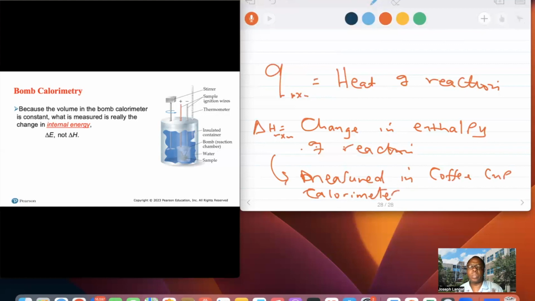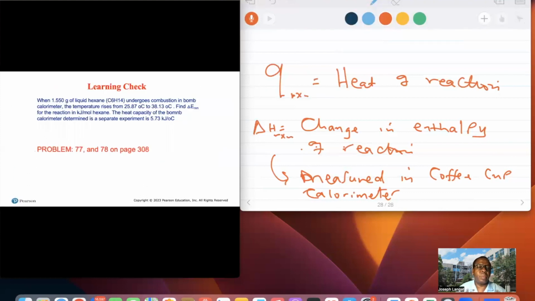This we can use at constant pressure, not constant volume. At constant volume, we measure the change in internal energy for the system.